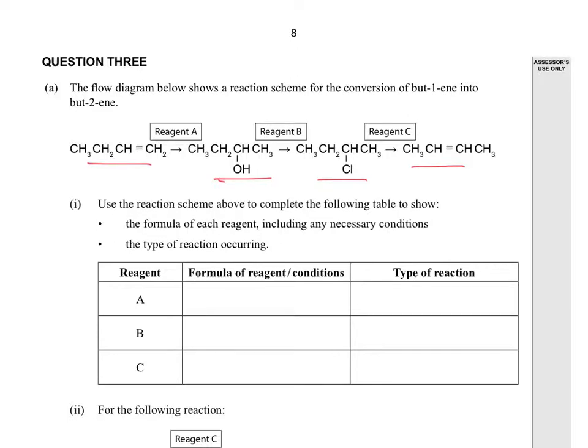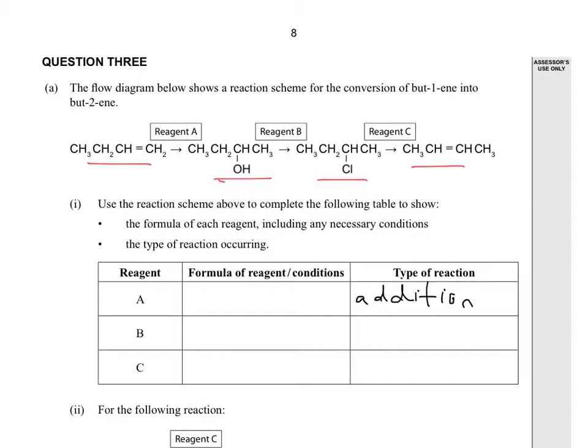The formula of each reagent, including any necessary conditions, and the type of reaction. Okay, reagent A, we're going from an alkene to an alcohol. So here it's an addition reaction. Let's write that down. Addition.